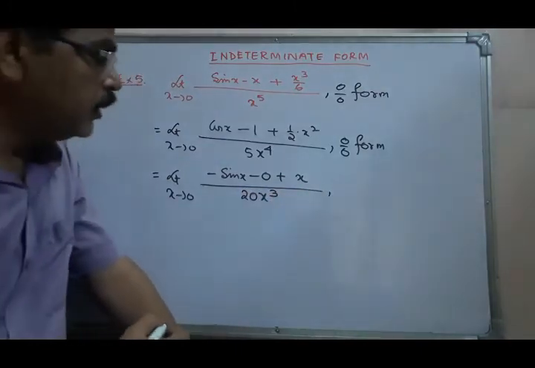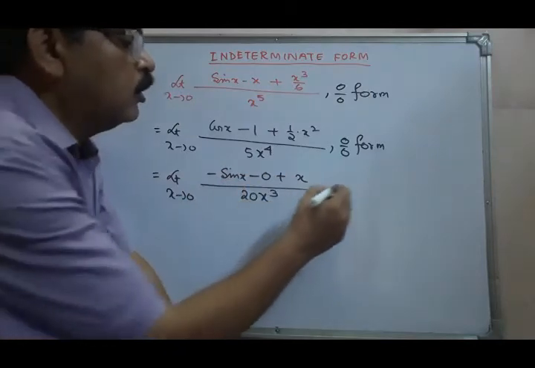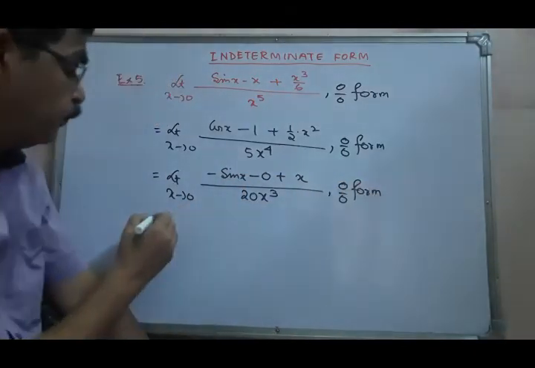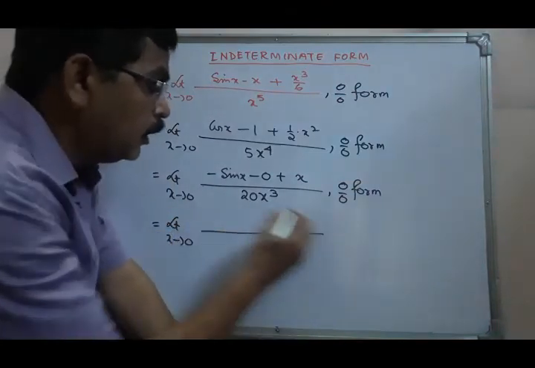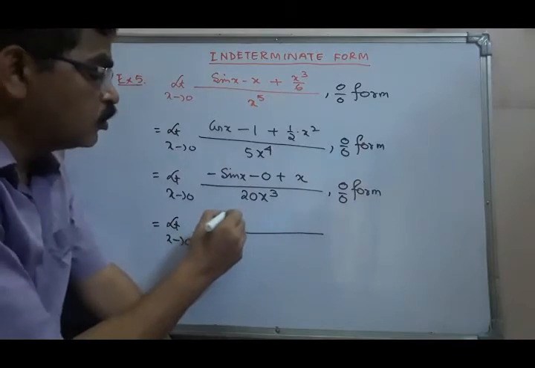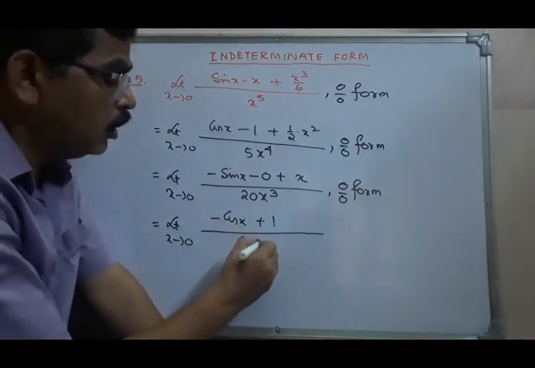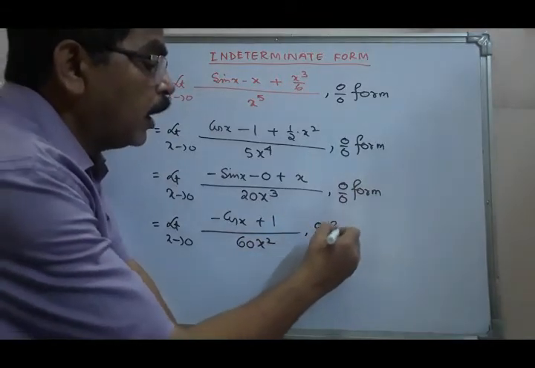Check again whether it is coming 0 by 0 form or not. It is 0, it is 0. So numerator 0 divided by 0, 0 by 0 form. So therefore limit x tending to 0, apply derivative in the numerator. So minus cos x plus 1 divided by 60x^2. It is 0 by 0 form again.